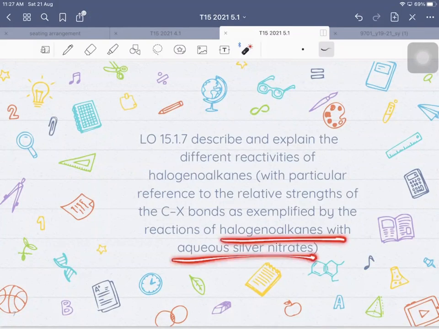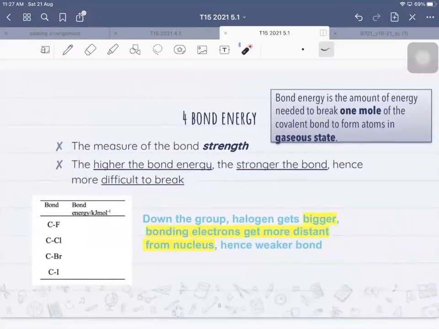Before we look at that, I want to talk about bond energy first. Bond energy is a measure of bond strength. The definition is given to you there: the amount of energy required to break 1 mole of bonds. Why do we talk about bond energy when we talk about reactivity? In a reaction, in order for it to proceed, you need to break a bond first, and then you form a new bond.